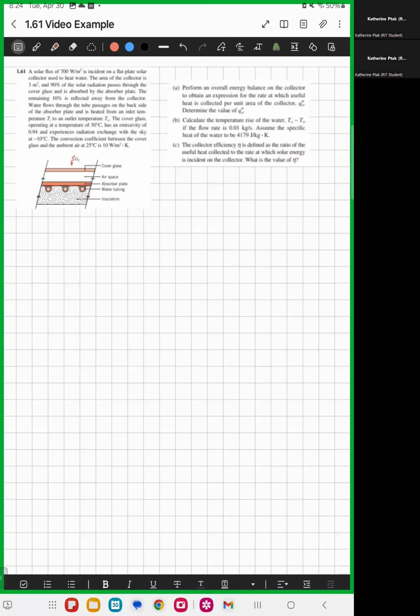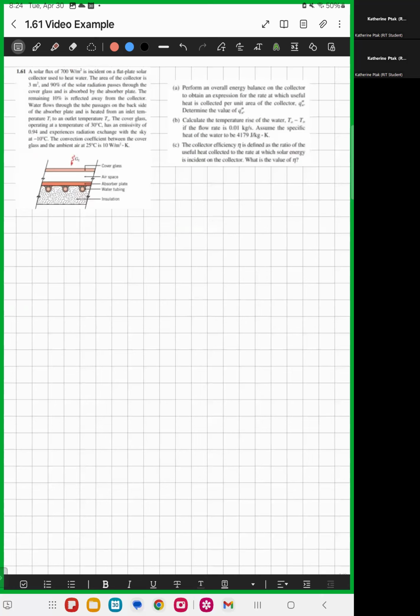So for A, perform an overall energy balance on the collector to obtain an expression for the rate at which useful heat is collected per unit area of the collector, q_u, like the heat flux, and determine the value of heat flux q_u. For B, calculate the temperature rise of the water, To minus Ti, if the flow rate is 0.01 kilogram per second.